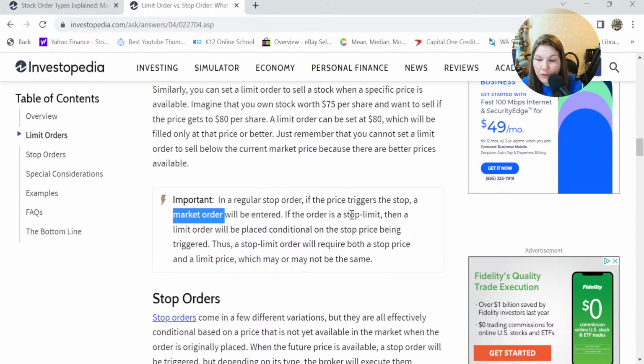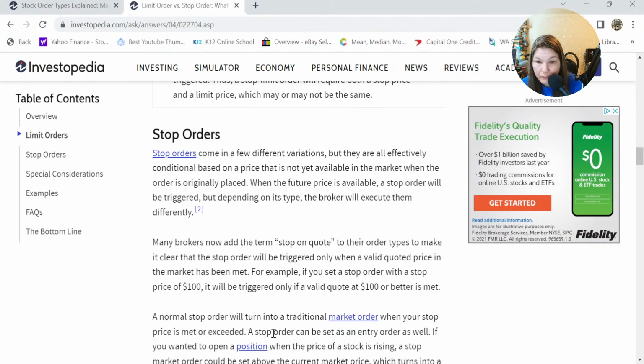But if you use stop limit, then a limit order will be placed conditional on the stop price being triggered. So the stop would be at 80, for this example, and then maybe your limit order would be at 82, or they could be the same. Maybe you put your stop order in at $80 and you want your limit order at $81.